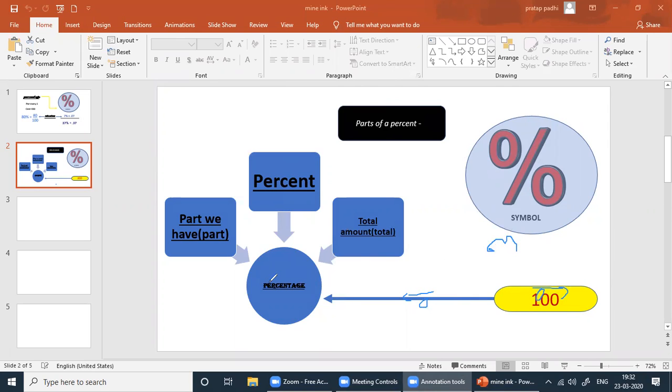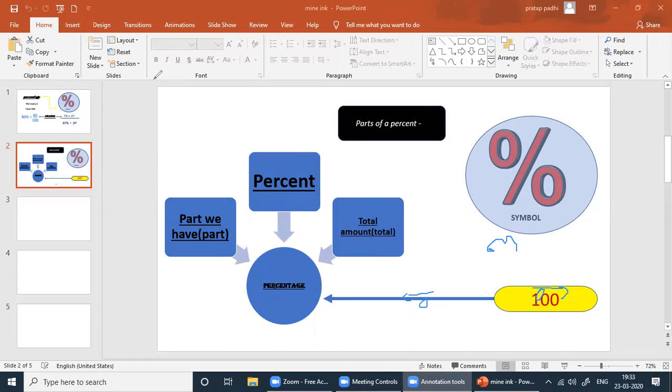As you can see, percentage is the main thing, and it has 4 parts. The part we have, which is also known as the part itself. Then the percent. Next, we have the total amount, which is just the total. And then 100, because a percent is every 1 out of 100.